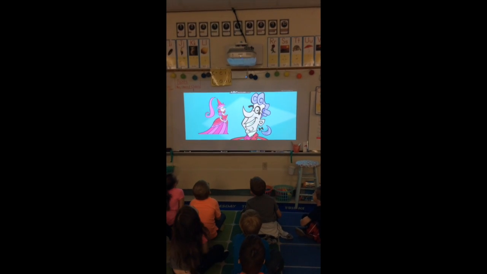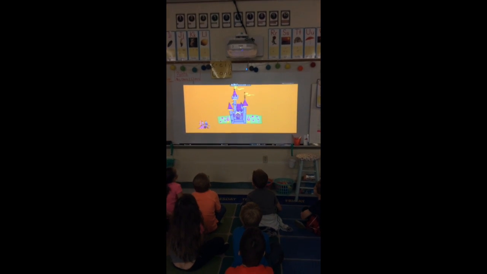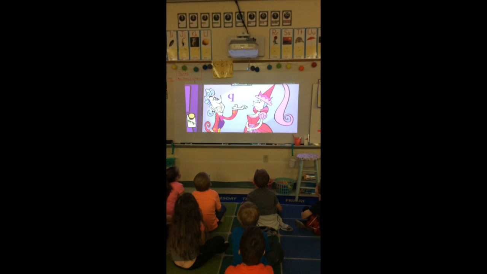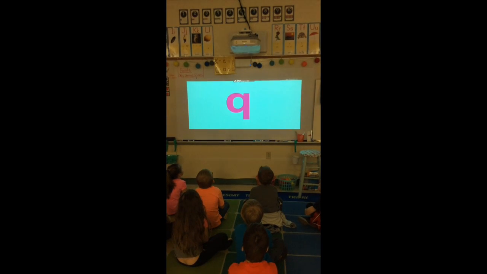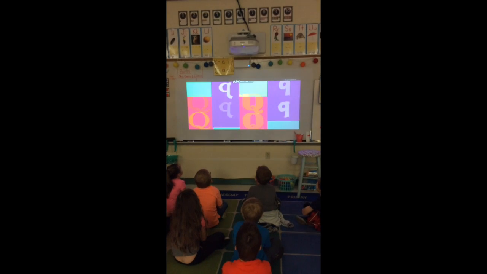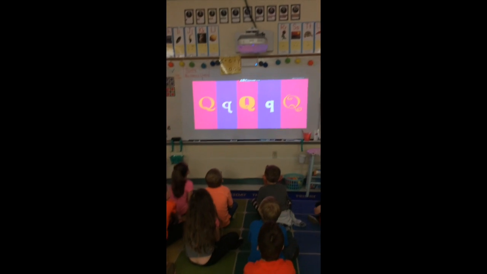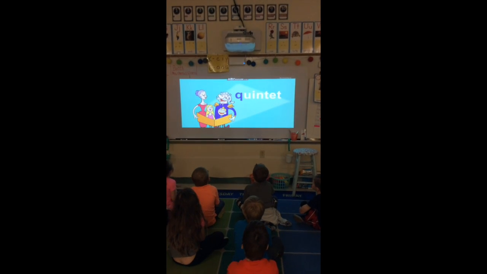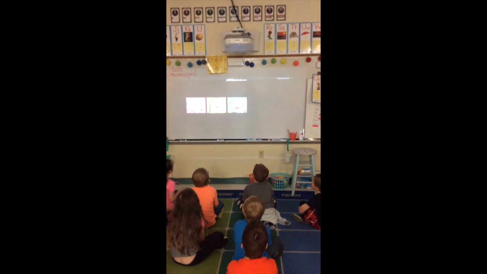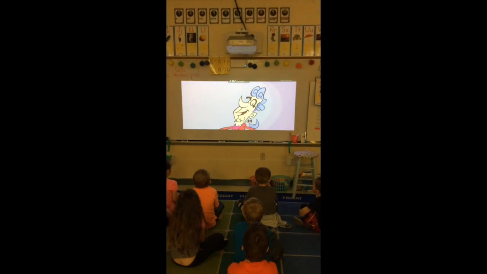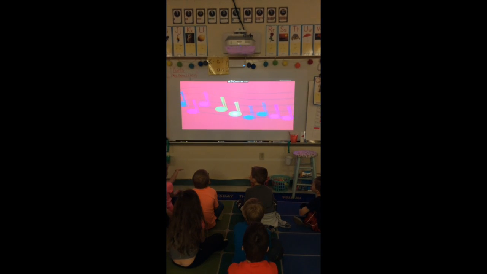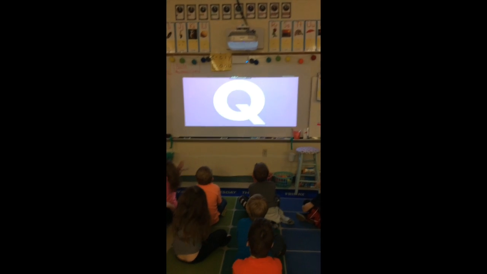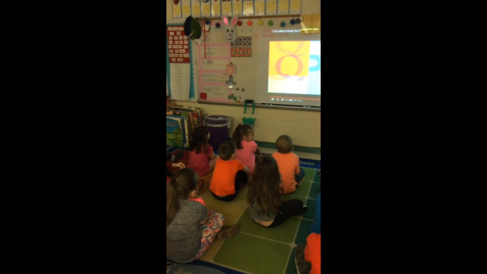Q is for quiet, so don't make a peep. Q is for quartet. That means there are four. And Q is for quintet. A set of four singers is called a quartet. A quintet means that there are five in the set. Quiddly, quiddly, diddly dee. Q is the letter that comes after P.